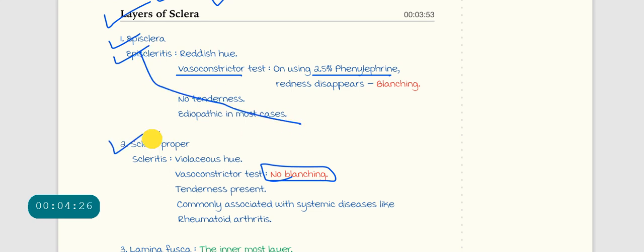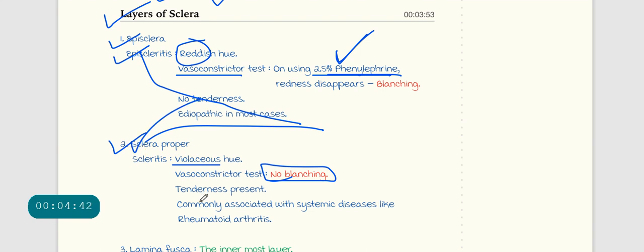Here there will be no redness after application of phenylephrine, but here violaceousness will remain, and this indicates inflammation of the sclera proper. Very easy. In the vasoconstriction test, scleritis shows no blanching, and here blanching is seen due to the vasoconstrictive effect. Tenderness is present in scleritis, and in episcleritis there is no tenderness.